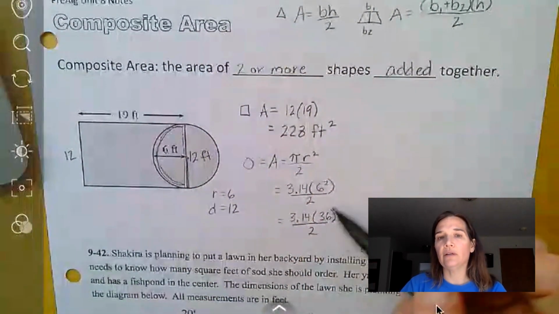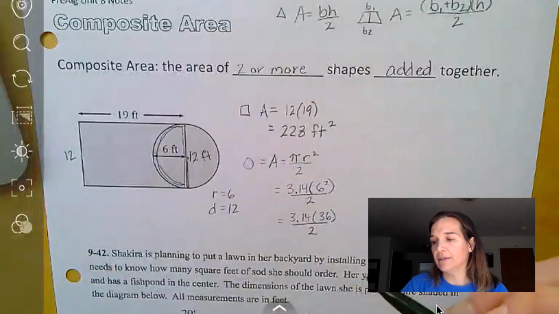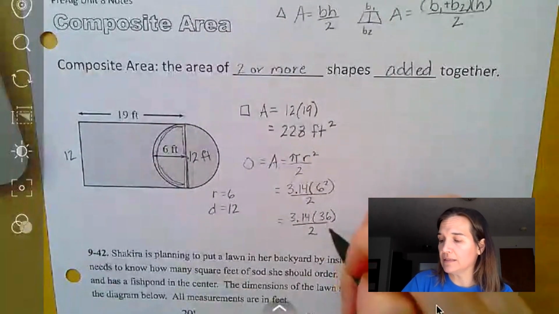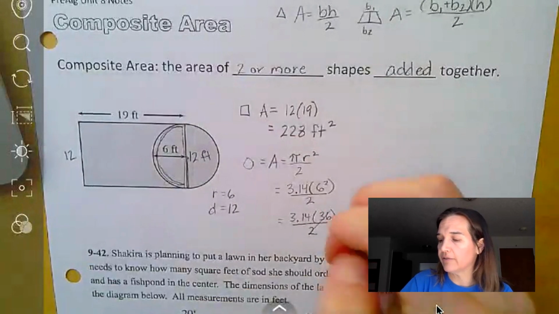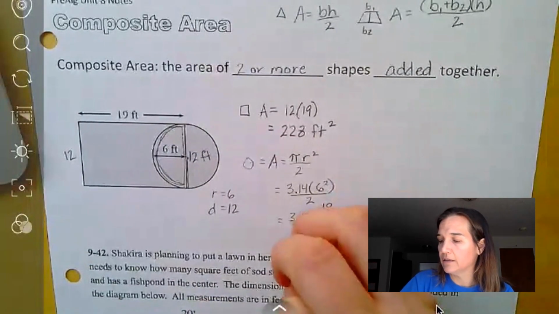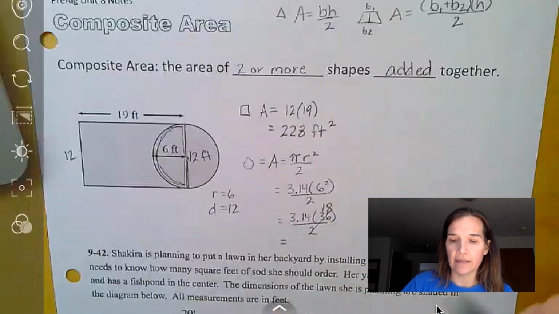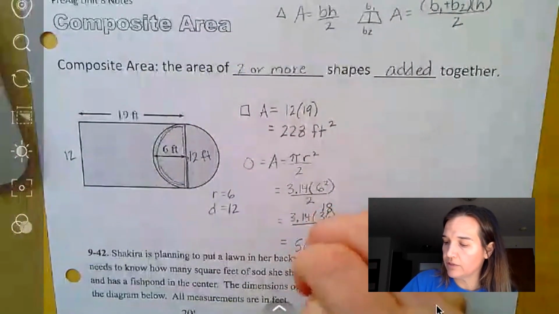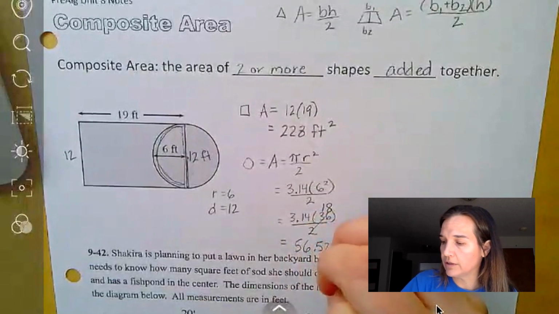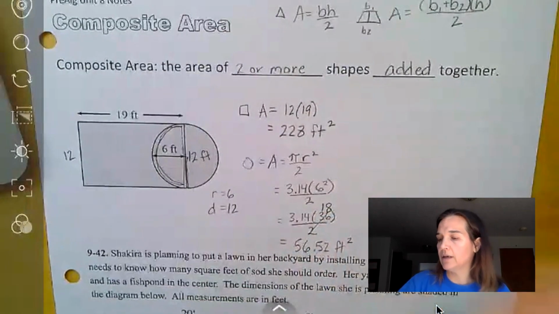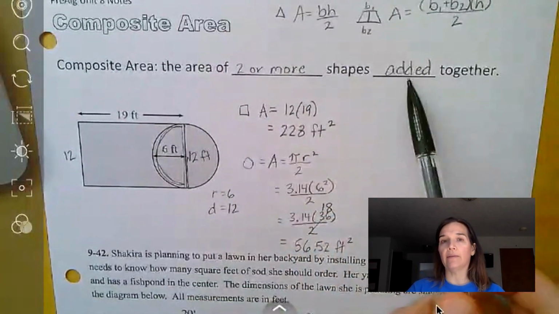And then if you can do some cross-canceling here ahead of time, it does make things easier. 36 cut in half is 18. And so my answer is just going to be 3.14 times 18. And that is 56.52 feet squared. All right, last step, add them together.